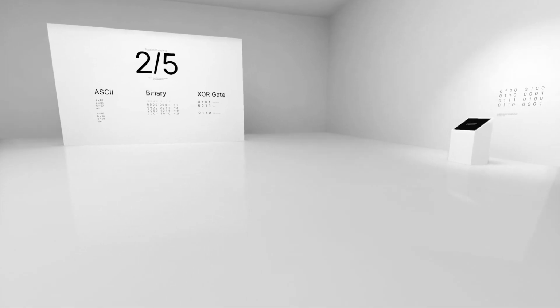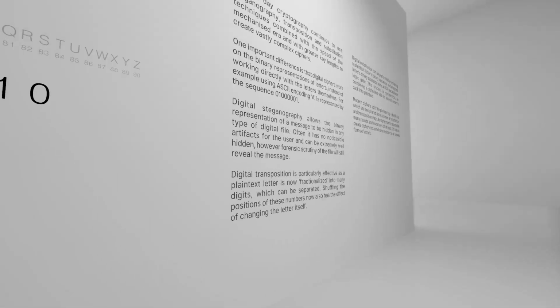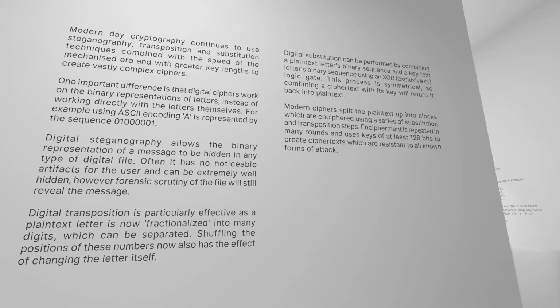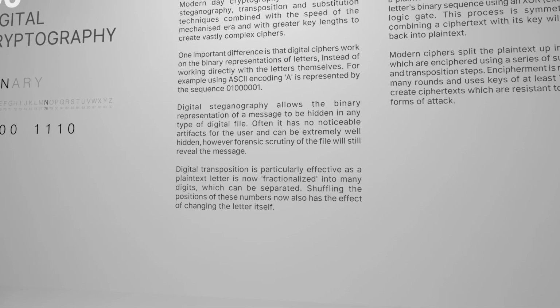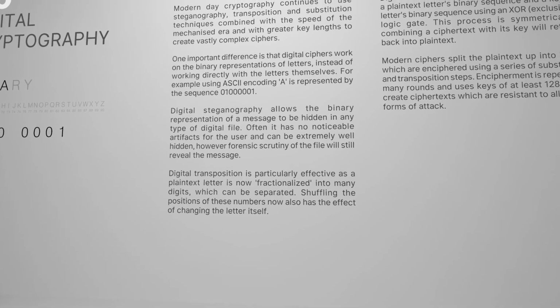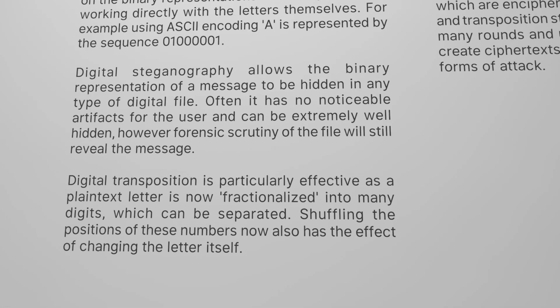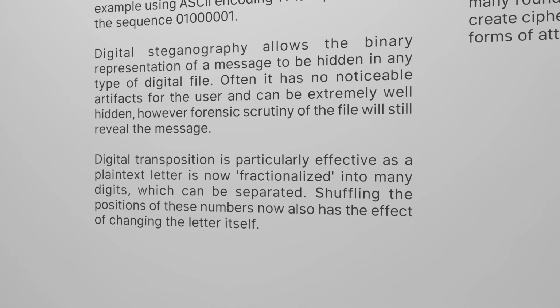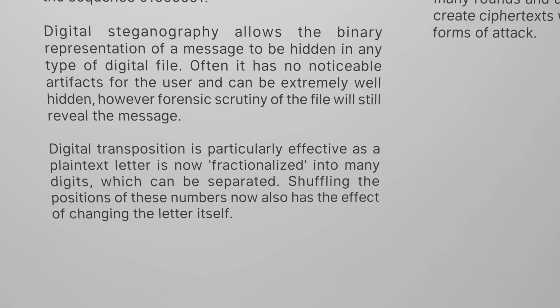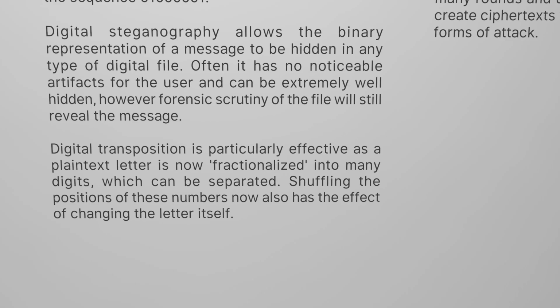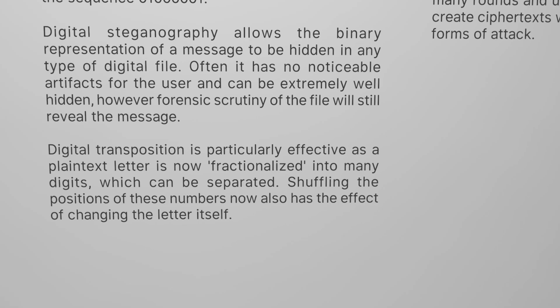Alright, but what else could we... Wait, did we learn anything else about this? Usually it makes it more difficult, so what else do we have? Yeah, it allows a binary representation of a message to be hidden in any type of digital file. Often its noticeable artifacts are few and it can be extremely well hidden. Digital transposition is particularly effective, fractionalized into many digits which can be separated, shuffling the positions of these numbers.